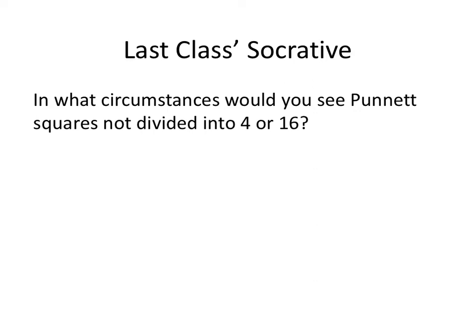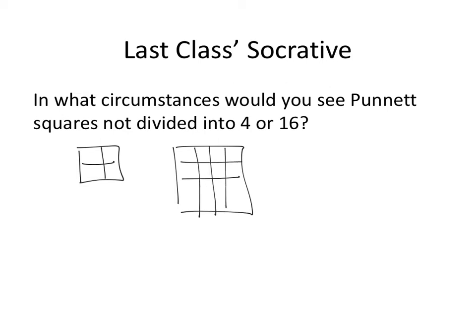So in what situations do you see Punnett squares that aren't 2 by 2 or 4 by 4? So that's a 4 square, a 16 square Punnett square. What's the situation where you have a 4 cell? What sort of a cross is that normally? It's a monohybrid.